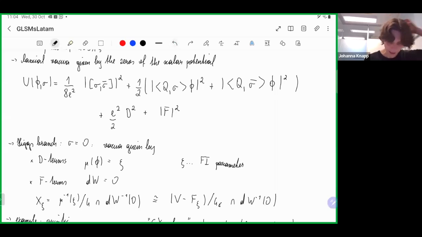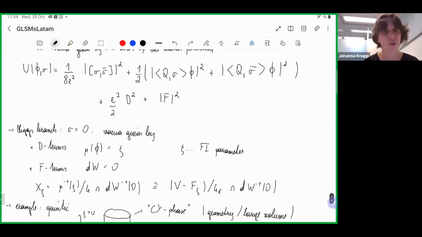So in my last lecture, I talked about one class of solutions, which is typically called the Higgs branch. And it's those solutions where all the sigma fields are 0. And if you look at the two lines of this U of sigma, the solutions are determined by these D-term and F-term equations, which have a special form that is basically fixed by how you define the theory.